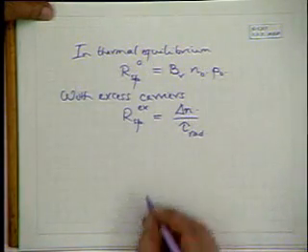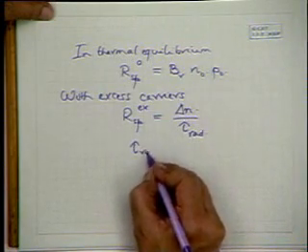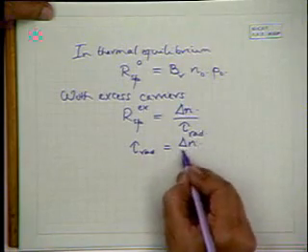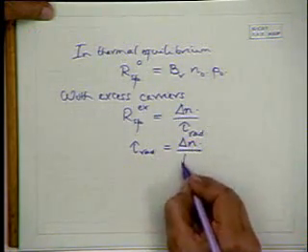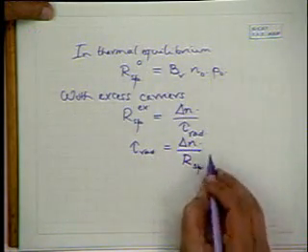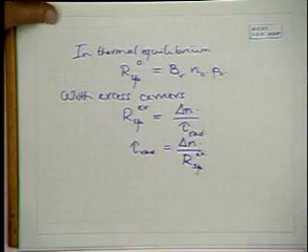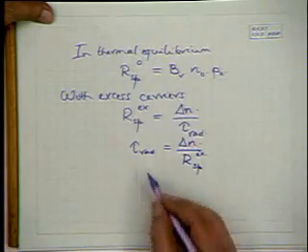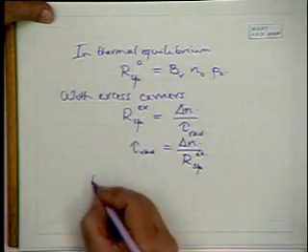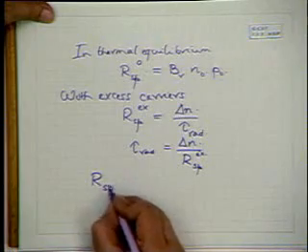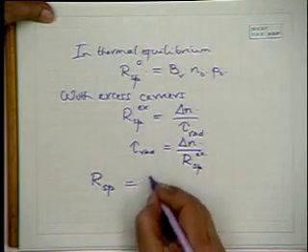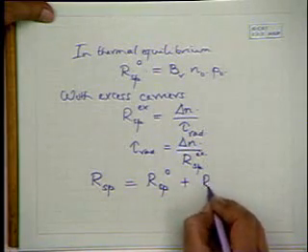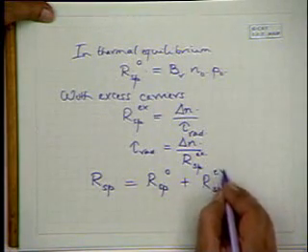So in other words, you can say that tau radiative is delta n by the rate of decay. So when we have both these processes operating, the total recombination rate RSP is equal to RSP0 plus RSP excess.